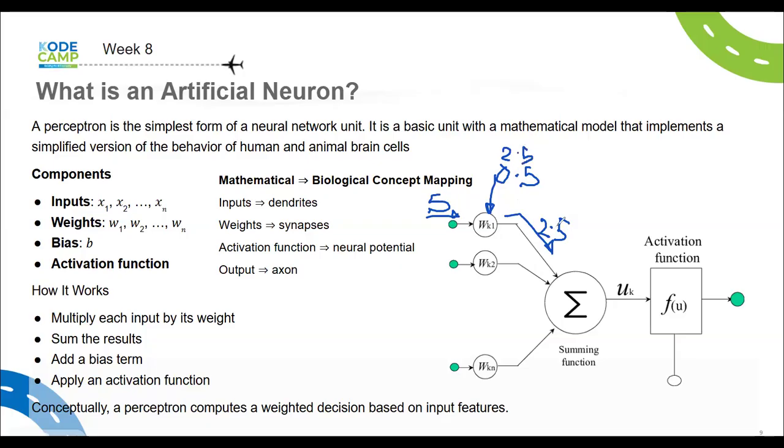So we'll now have 7.5 coming in here rather than 2.5. So the signal comes into the cell, into the body, right? The cell body becomes higher than the signal at the input. So by training, the weights are the things that get trained.